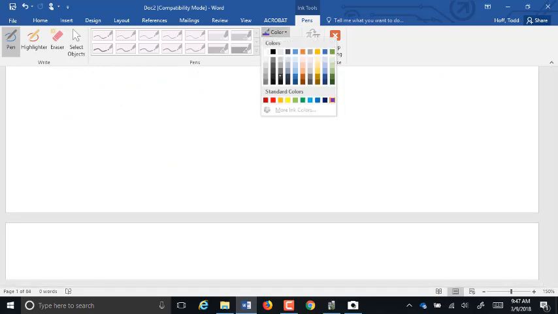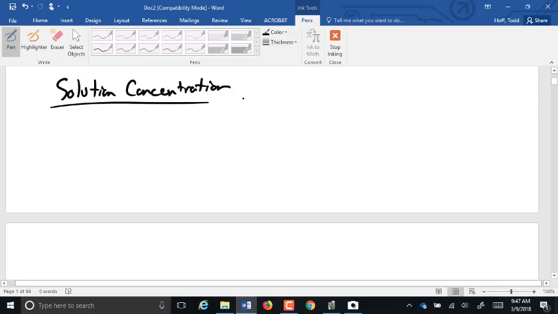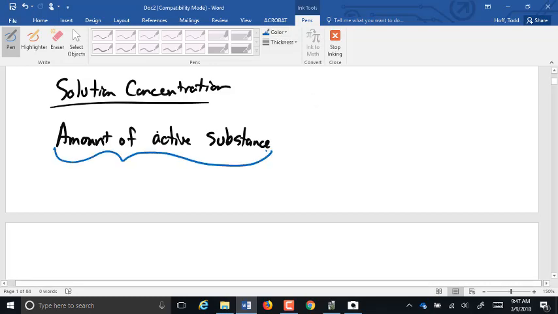Now, the next basic concept that you learned in the last unit was based on solutions and solution concentration. That concept was the amount of active substance in a solution. For the most part, we're going to refer to that amount of active substance with the generic word serum.